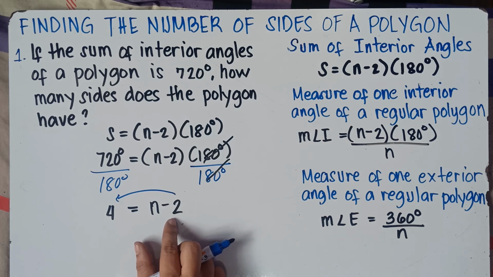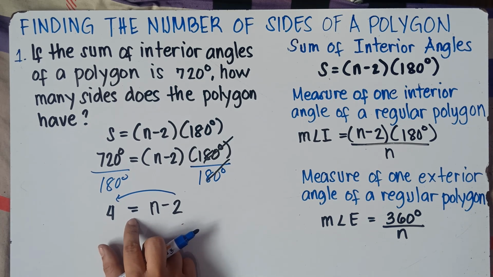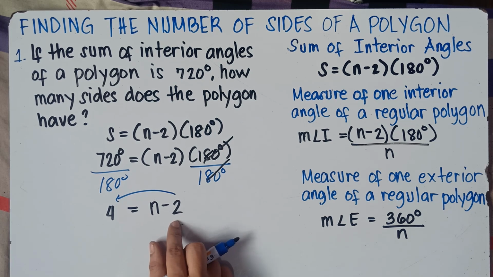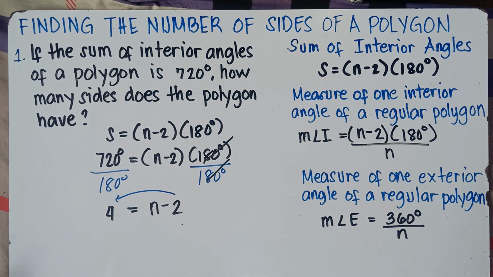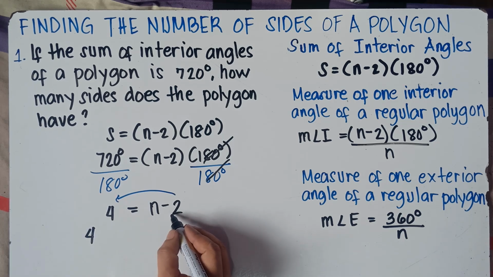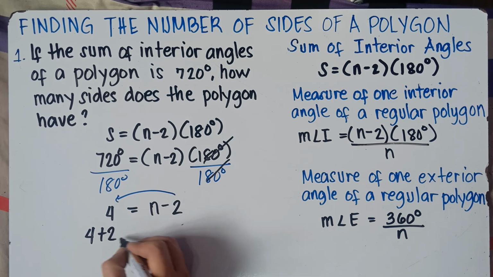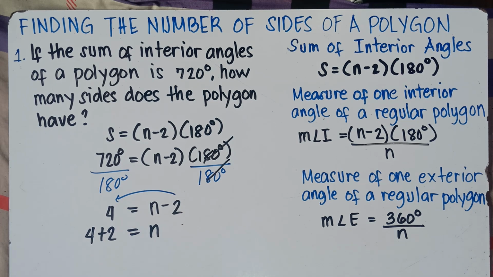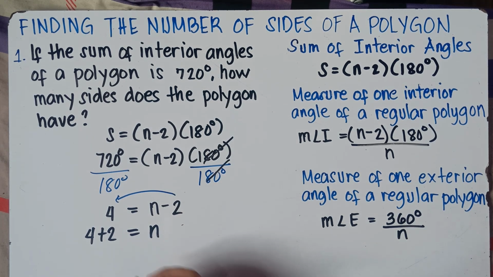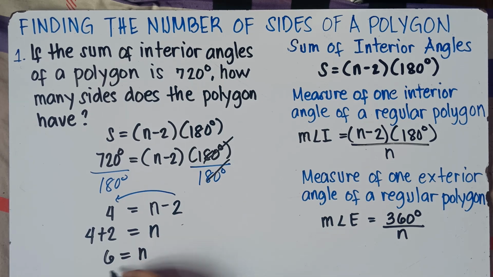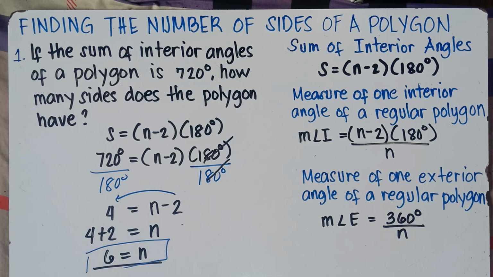Negative 2, once you transfer it across the equal sign, you change the sign, so it becomes positive 2. So this will be 4 plus 2 equals n, and 4 plus 2 is 6, equals n. Therefore, the number of sides is 6. That's the answer for number 1. Easy, right?